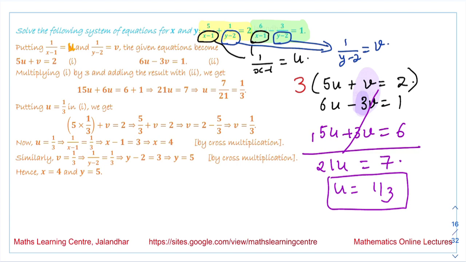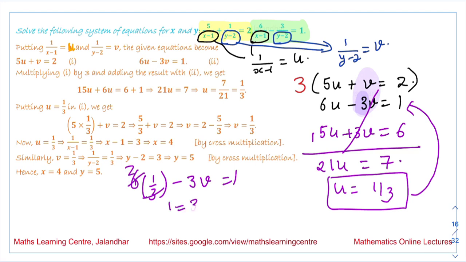If we substitute this value of u in the second equation, we get 6 into 1 by 3 minus 3v is equal to 1. So it is 3 2s are 6. So we are saying 1 is equal to 3v. So this implies v is equal to 1 by 3. Now what is the value of v?